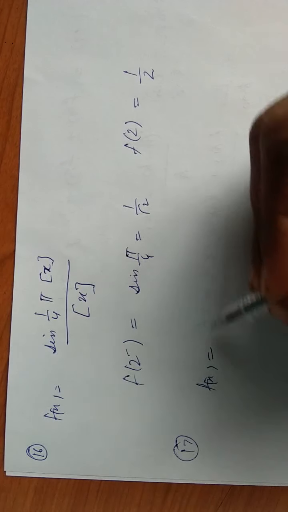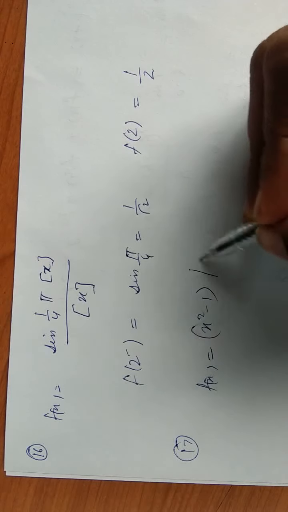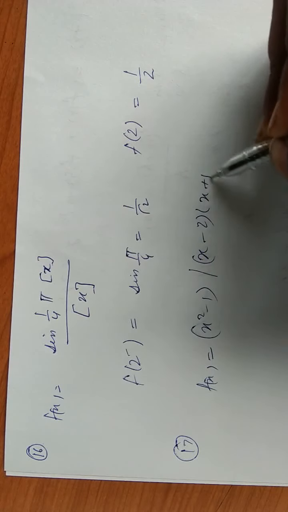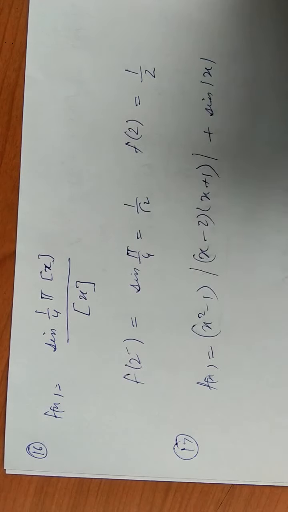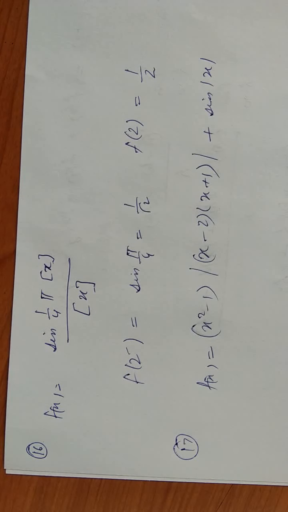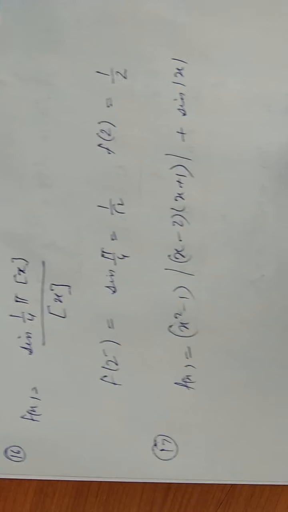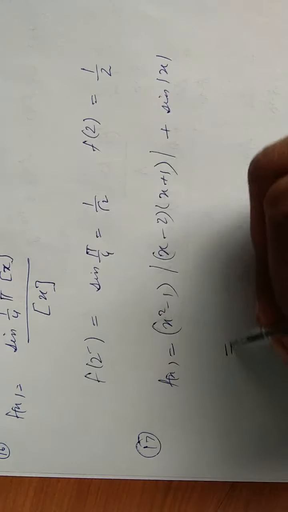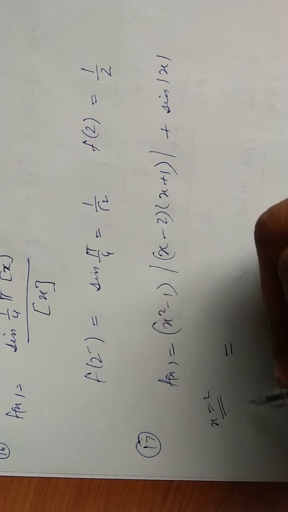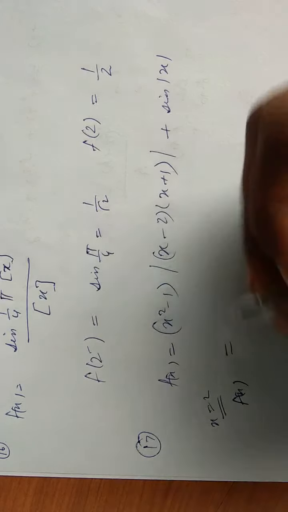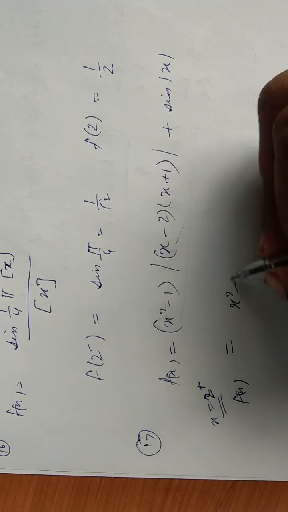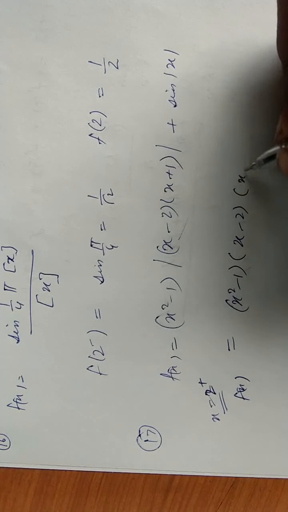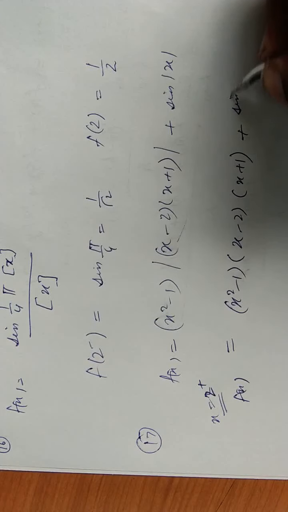So f(x) is equal to x square minus 1 mod of x minus 2 x plus 1 plus sine of mod x. Okay, so let's check its differentiability at x is equal to 2. The rest you can do. At x is equal to 2 positive, this opens with the positive sign, and this opens as sin x.